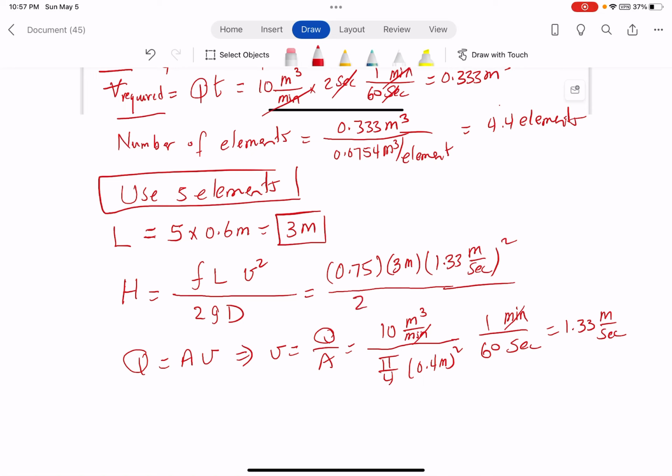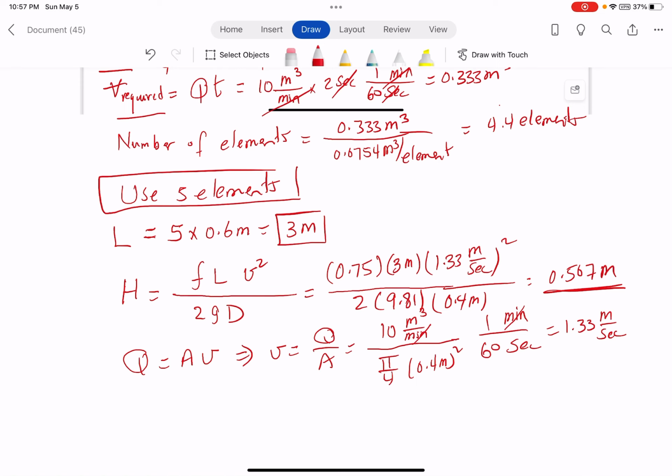What is 2g? 9.81, the gravity constant. The diameter is 0.4 meter. Once you plug in the equation, you will get the head loss in meters, which is 0.507 meter. This is the head loss of the static mixer.